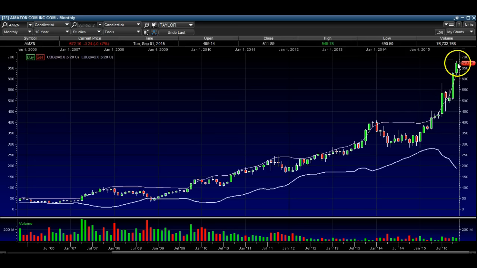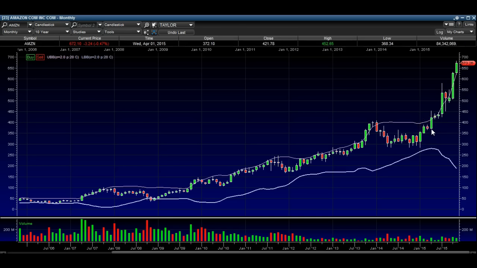But as you can see here, the Bollinger Bands are getting really wide, the widest they've been in 10 years. When that happens, they tend to like to revert back to the mean, which would be the middle Bollinger Band. You can't see it on this program, but on another program you would be able to.